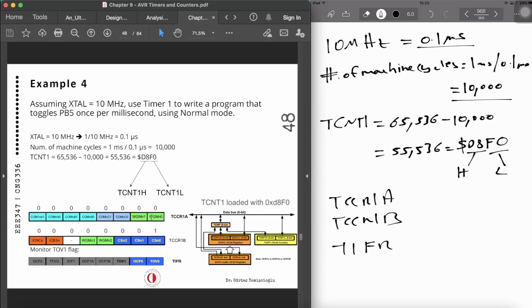TCCR1A, it's in the normal mode, so I don't need to set anything. So if you want, you can ignore it, or you can just say 0 hex 00. TCCR1B, no prescaling, none of the modes are selected, it's in the normal mode, so 0 hex 01, and we have to monitor the TOV1 flag.